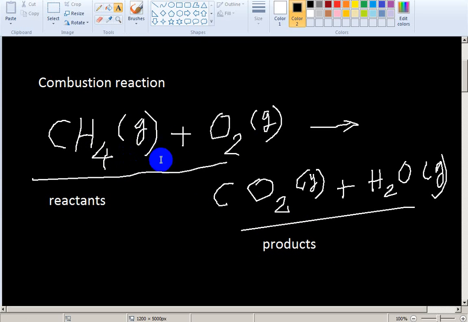In this reaction, heat is released to the surroundings. So all combustion reactions are exothermic reactions. Why is energy released to the surroundings in an exothermic reaction?